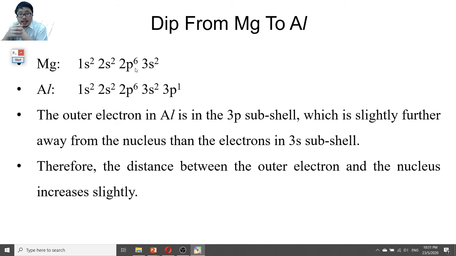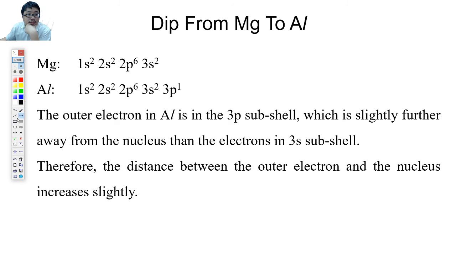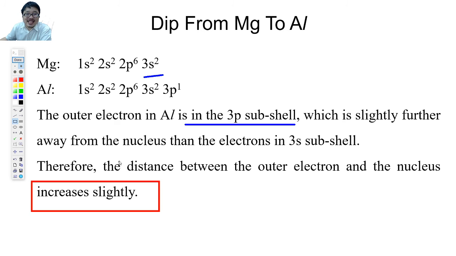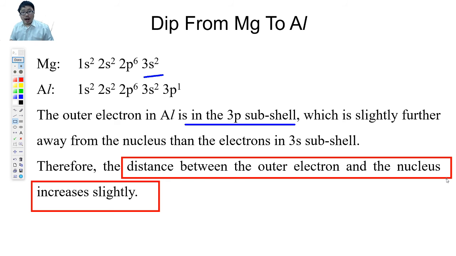The reason is that the outer electron in aluminium is in the 3p subshell, whereas the magnesium one is in the 3s subshell. Therefore, for aluminium, the distance between the outermost electron and nucleus increases slightly. 3p is a little further, 3s a little closer.